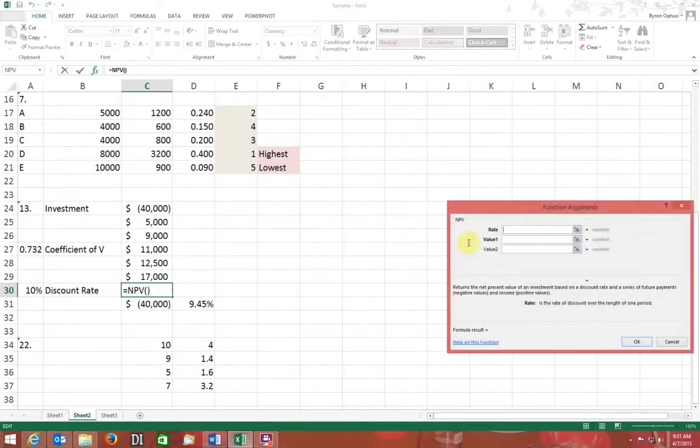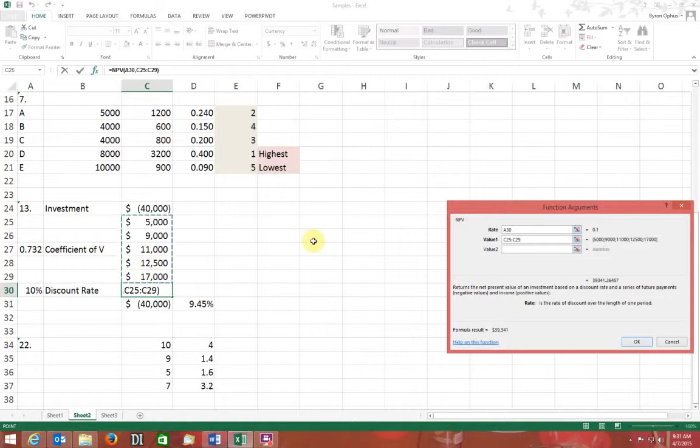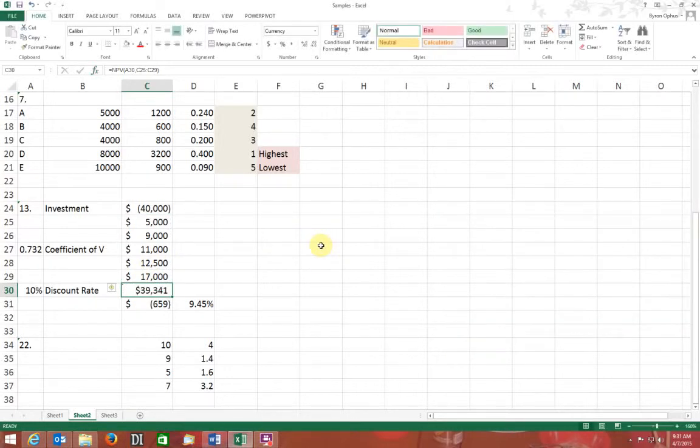My rate is the discount rate, and my values are these, not counting my investment, just my expected cash flows. Then I'll compare that to my investment.